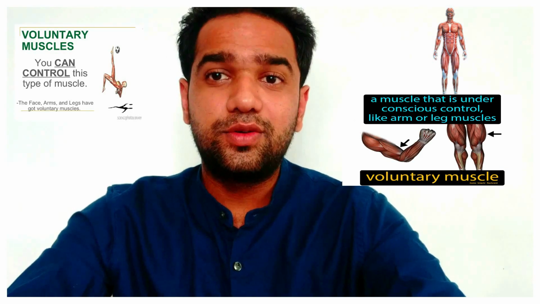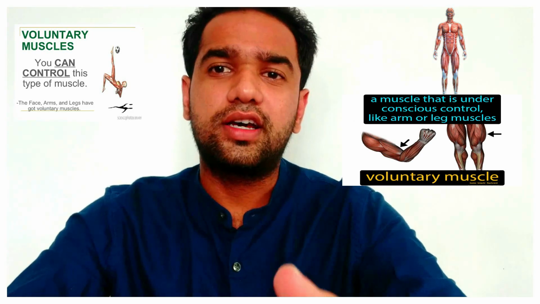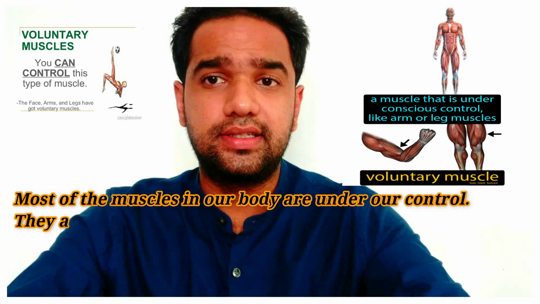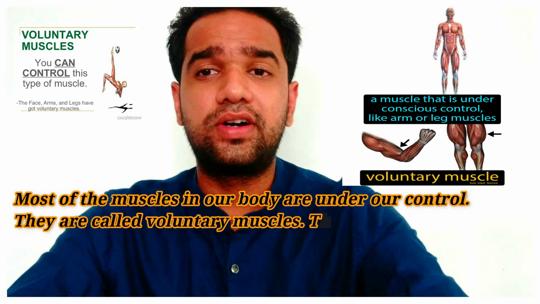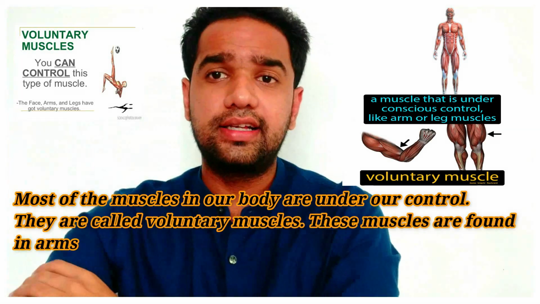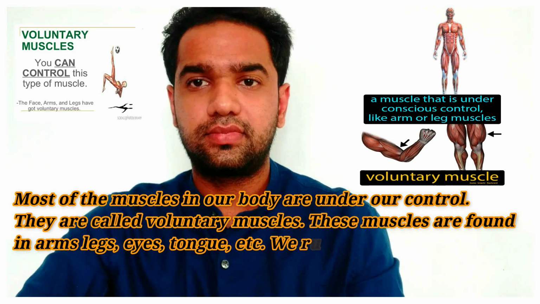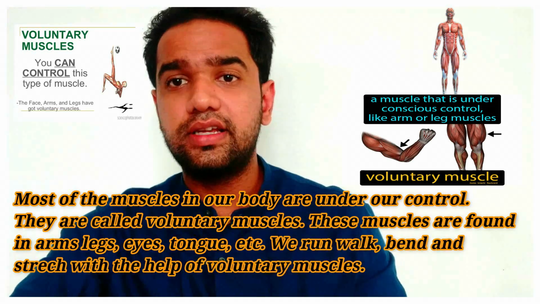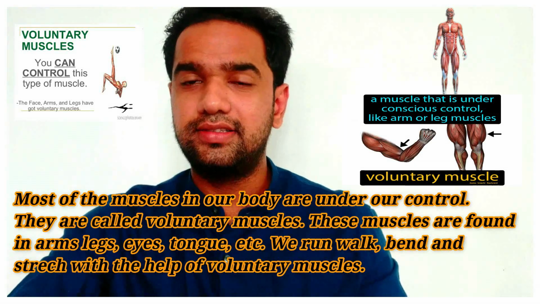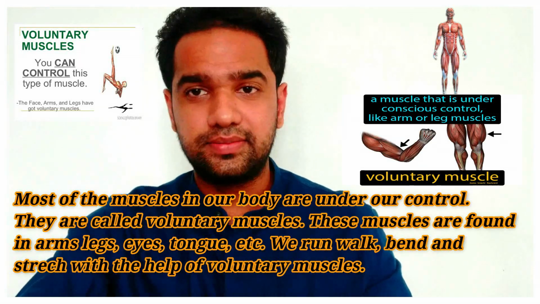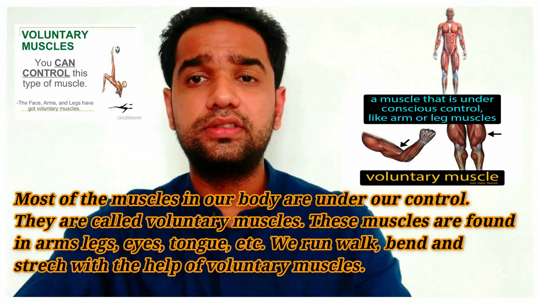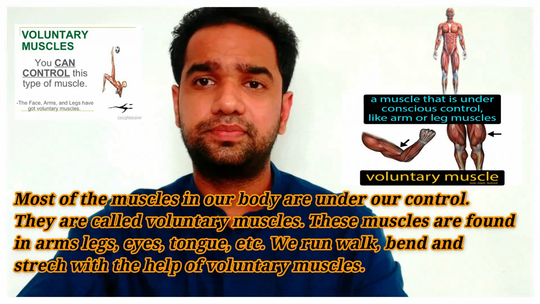Yes, the first one, voluntary muscles. So what are called voluntary muscles? First of all, these muscles are found in our arms, legs or tongue. Clear? What is the speciality of these muscles?